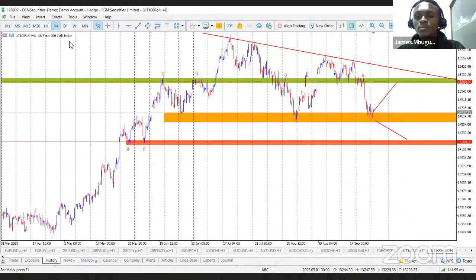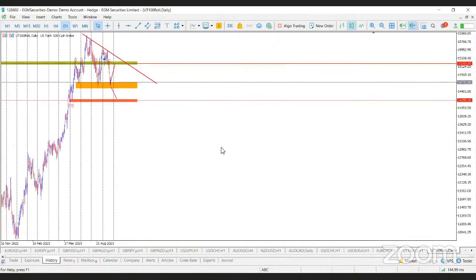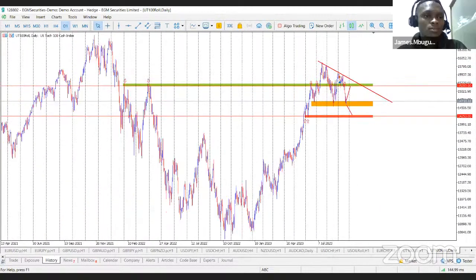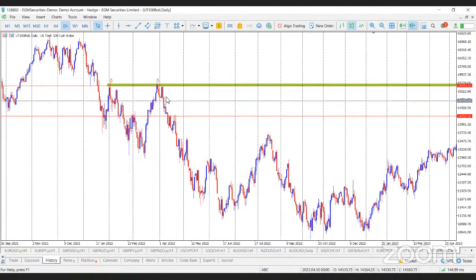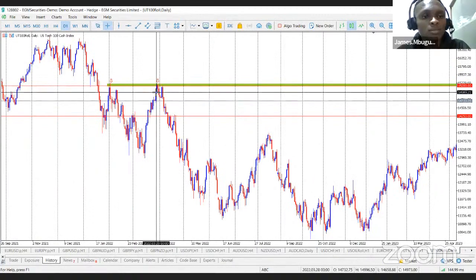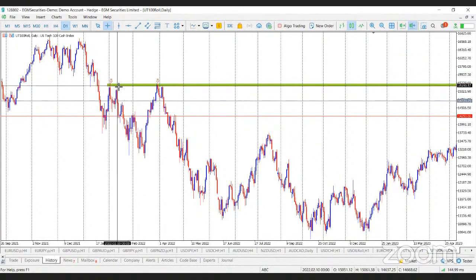Excellent. So from the daily time frame chart, looking way back, we would be able to see that this zone seems to have been an area of resistance way back in early 2022, actually early February 2022.